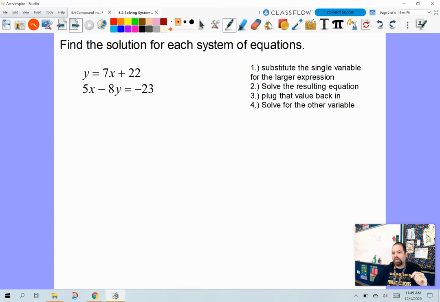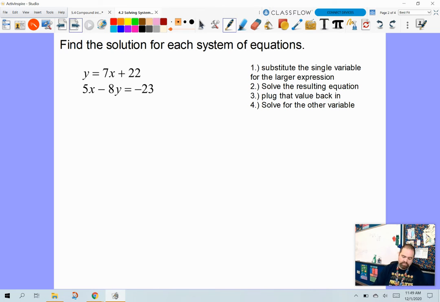We didn't do a whole lot with the standard form of the equation other than turn it into slope-intercept form to graph it. But just a real quick review, the top one here, y equals 7x plus 22, is in slope-intercept form. The 5x minus 8y equals negative 23 is in standard form. Now that top equation, the y equals equation, is what we're going to use for our substitution into the other equation.